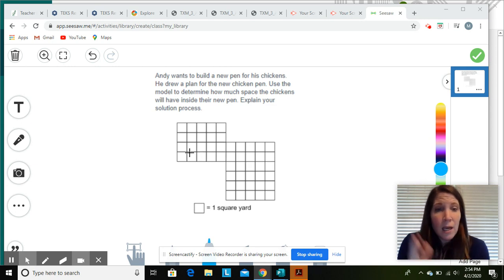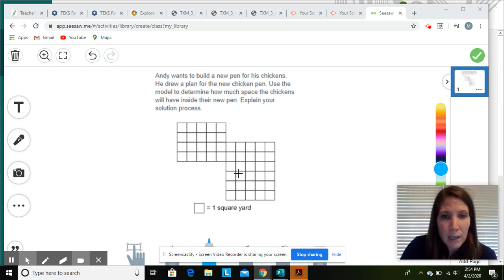So he wants to build a pen for his chickens. He drew the plan. He probably put this in his engineering design notebook. Doesn't it look like that right here? So we are going to determine the area in what? How are we going to be measuring this thing?